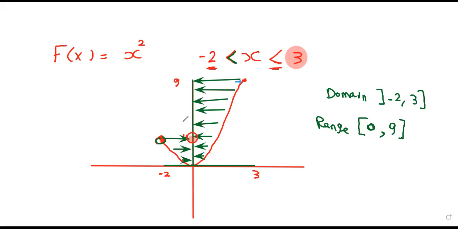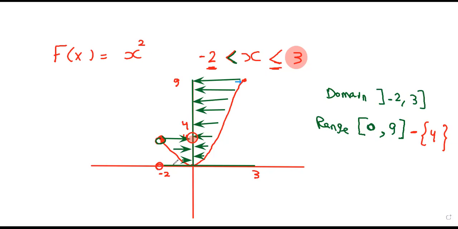Do you know why? Because f of 2 is 4. So the range starts from 0 to reach 9 except 4. We don't have 4 in the range because 4 is opposite to -2, and we don't have -2 in the domain.